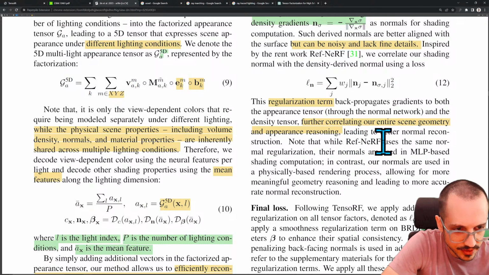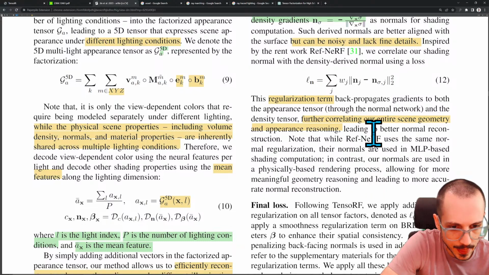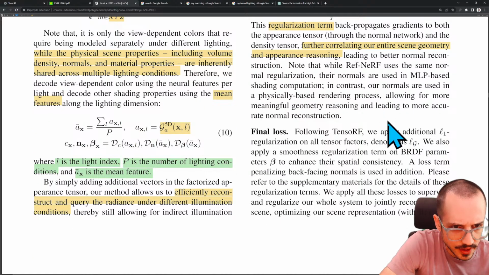Note that while ref/nerf uses the same normal regularization, their normals are used in MLP-based shading. In contrast, our normals are used in physically based rendering, allowing for more meaningful geometry reasoning. Following TensoRF, we apply additional L1 regularization on all tensor factors, noted as LG.